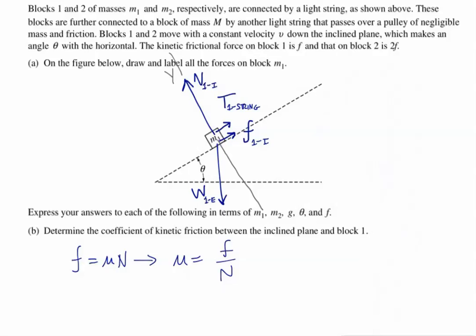And then noticing that the weight vector has a component that acts along that line. It looks a little something like this. We can draw this kind of tipped right triangle, where our angle here turns out to be the same as the angle of incline, or theta.